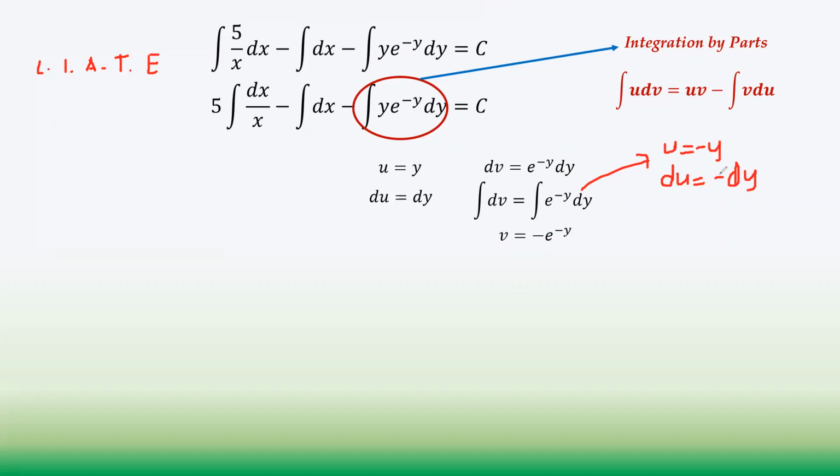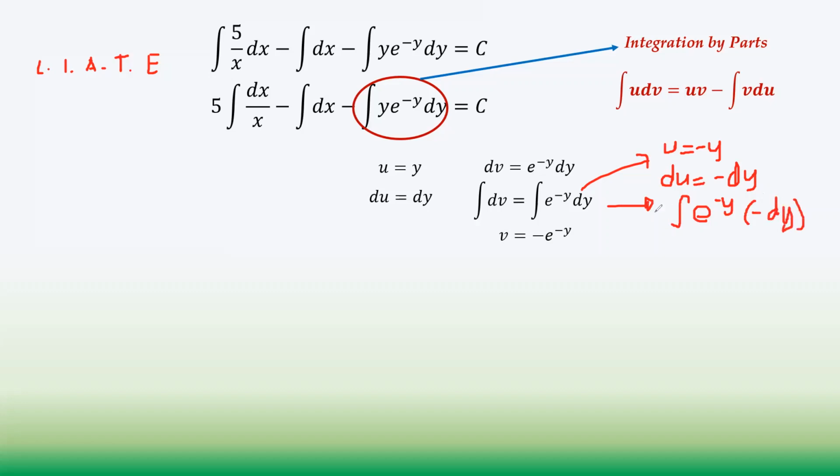Y lang yan, negative 1 saka dy. So, meron tayo integral of e raised to negative y. Dapat daw ay du ay negative dy, so gawin natin siyang negative. Ine-negative mo si dy.